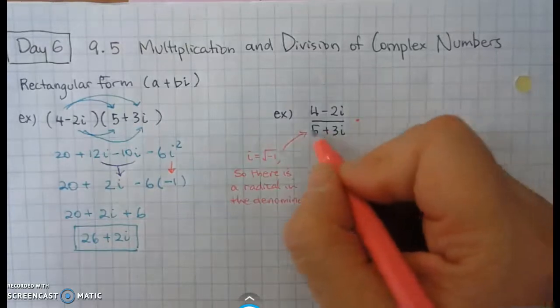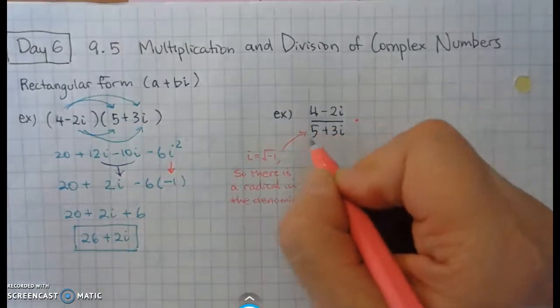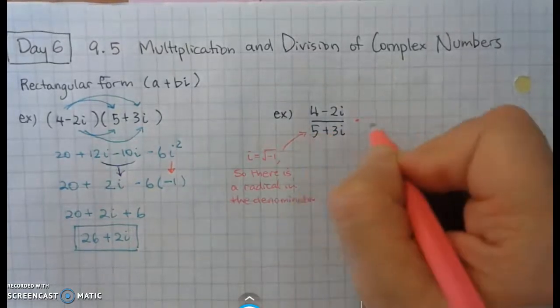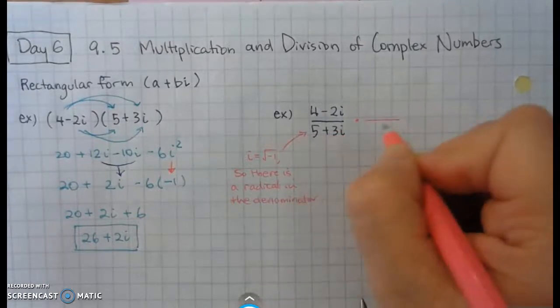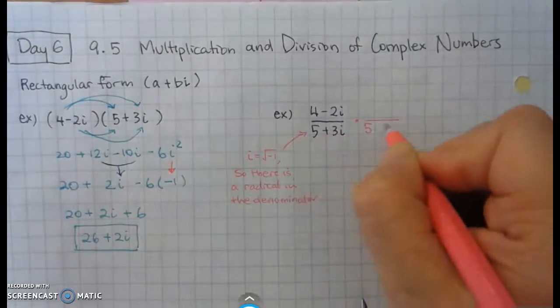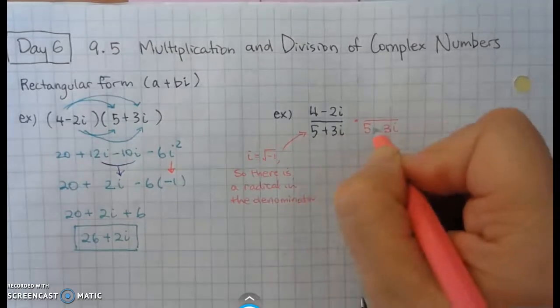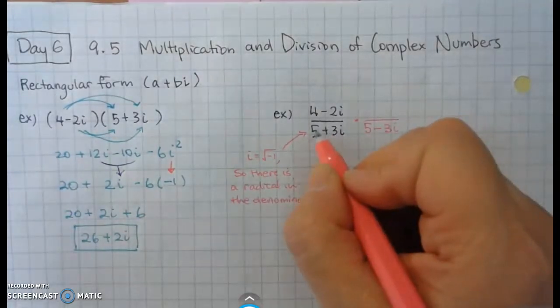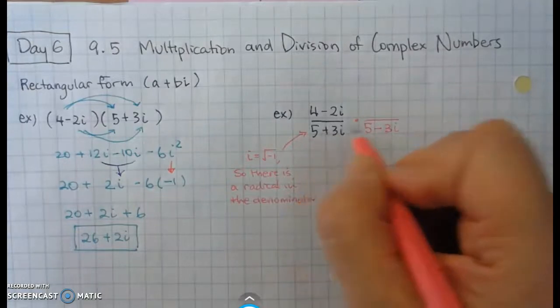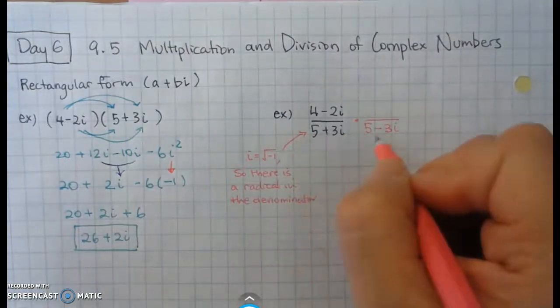What's its conjugate? Conjugate means you get the denominator and it's the same numbers, 5 and 3i. But instead of plus, if it's a plus, its conjugate is minus. If this was a negative, then it's going to be plus. So it's the same number, but the sign in between is different.